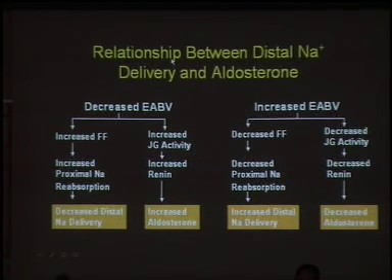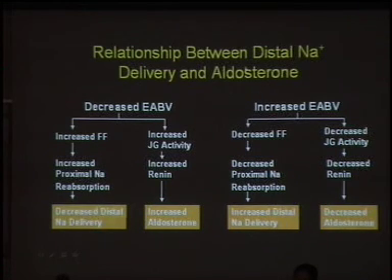Okay, important concept again, the relationship between distal sodium delivery and aldosterone. When the patient has hypovolemia, meaning the effective arterial blood volume is decreased, then you would have decreased distal sodium delivery because of the increased proximal sodium reabsorption at the proximal tubules. Okay, you would increase aldosterone secretion.